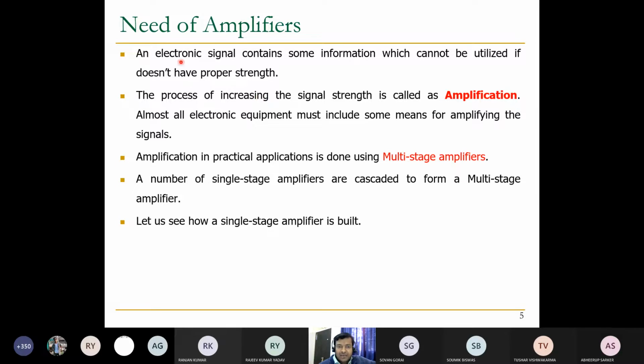Now, for example, think about one transmitter and one receiver. The transmitter will transmit meaningful signals, or information in terms of signals. The receiver will receive that signal.